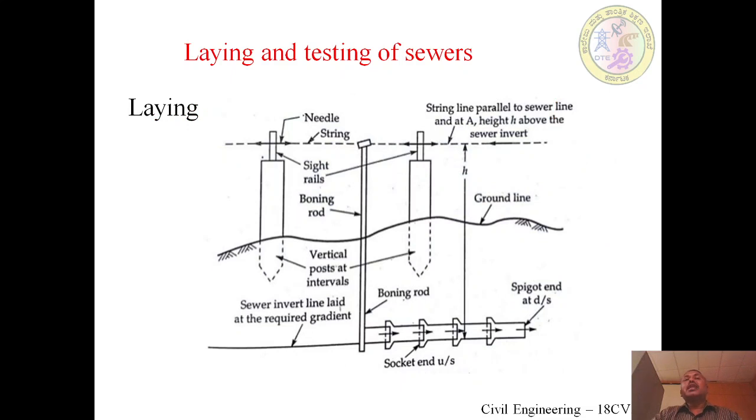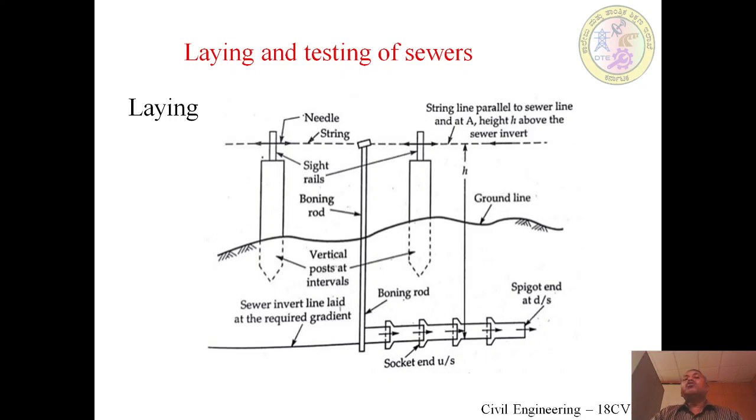Coming to the actual laying of the sewer, different materials and equipments are used over here. The equipment may be side rails, a boning rod and a string.